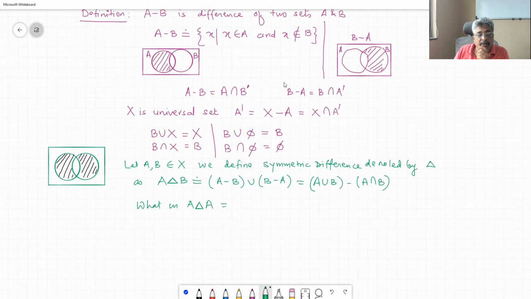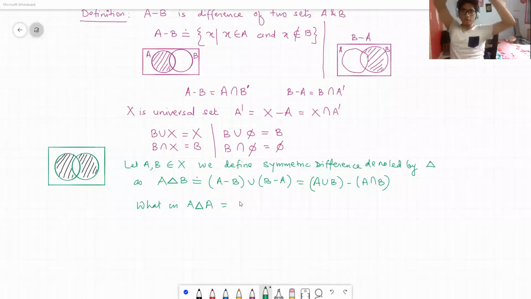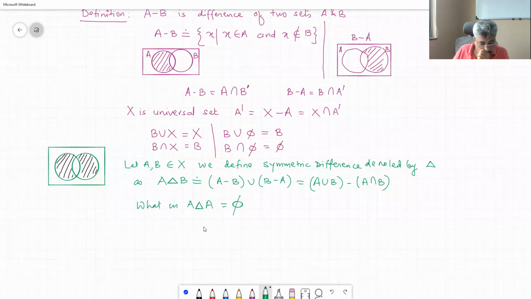Symmetric difference of A and A. Of course, it will be, tell me what is that? Obvious.